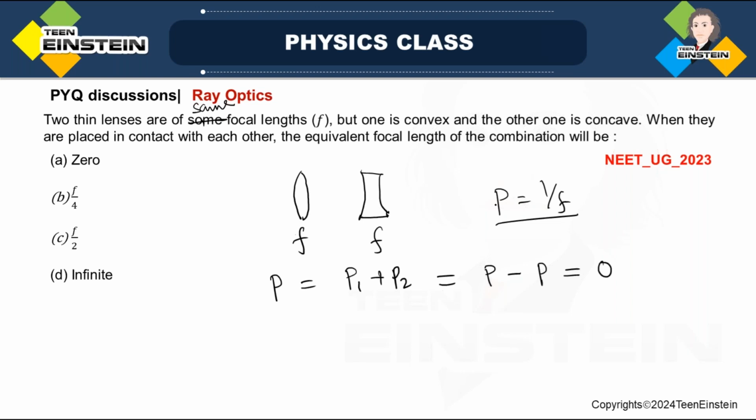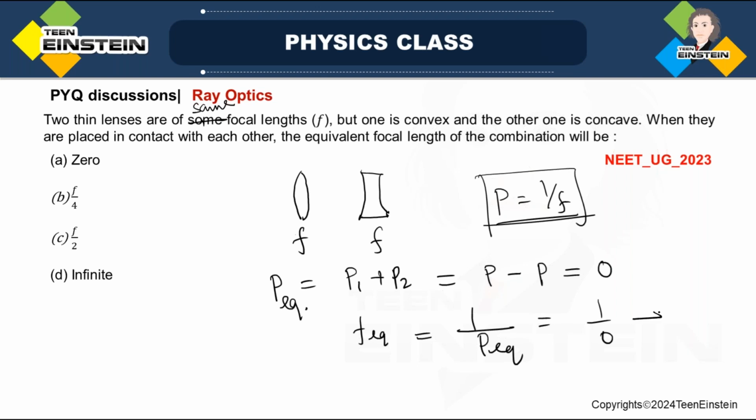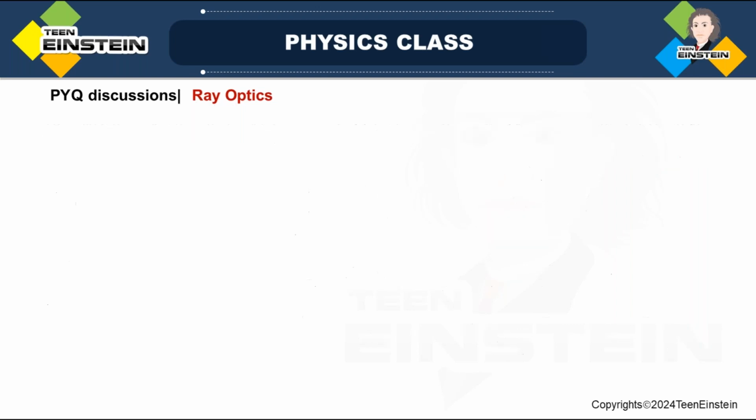The equivalent focal length is the inverse of the equivalent power, so 1/0. Generally we take this as infinity. So option D is the correct answer. This was a very simple question.